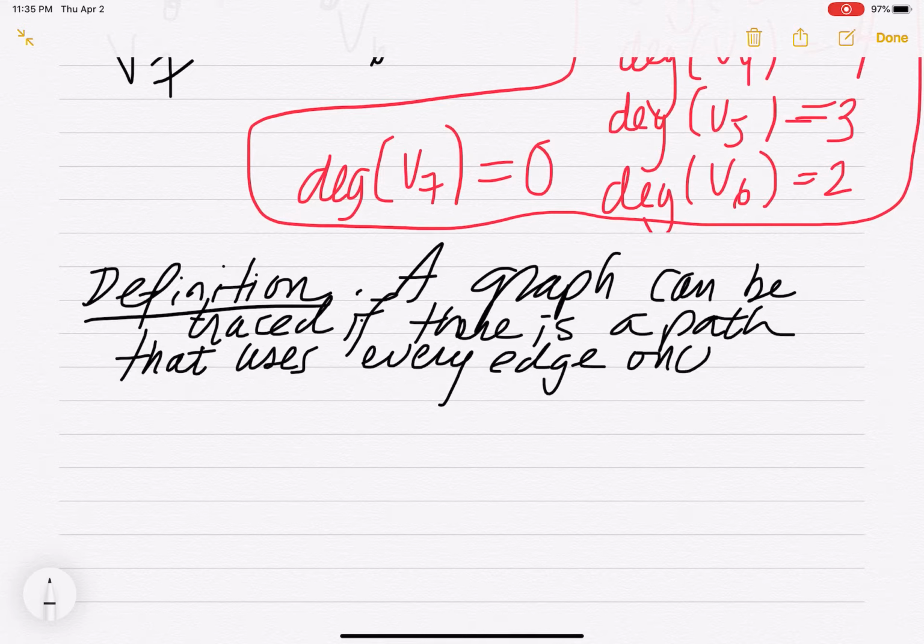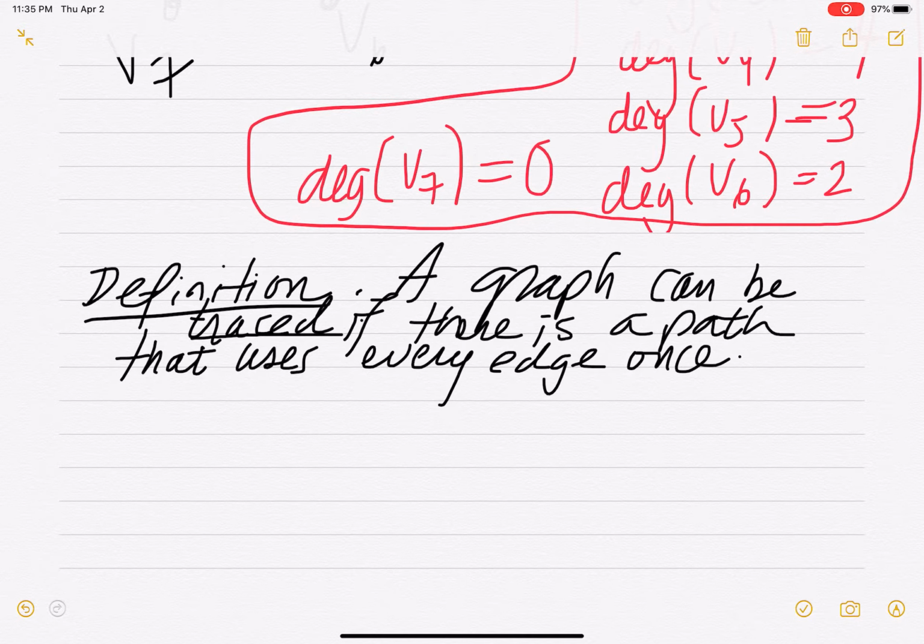Once. So that means you have to cover every single edge, and you're not allowed to double over top of edges or triple. So you're only allowed to use edges once. So basically the idea is you can draw the entire graph without picking up your pencil and you don't repeat any edges. So that's what it means for a graph to be traced.